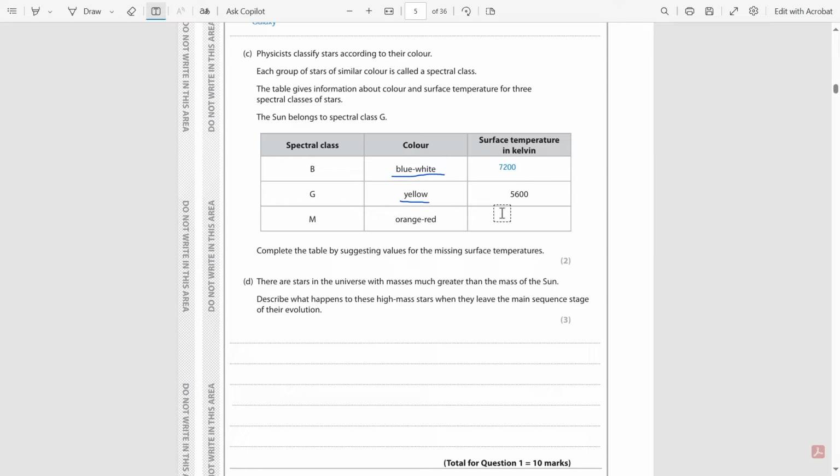So we guess what this one is, because it's an orange-red star. Red stars are one of the coolest stars you can get. So orange and red are going to be less than this, so let's say 2,500.